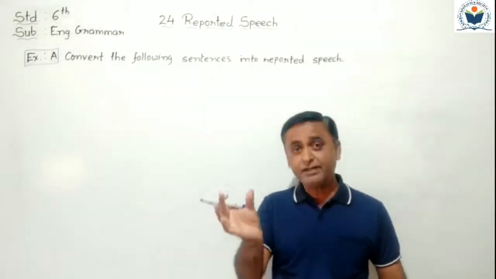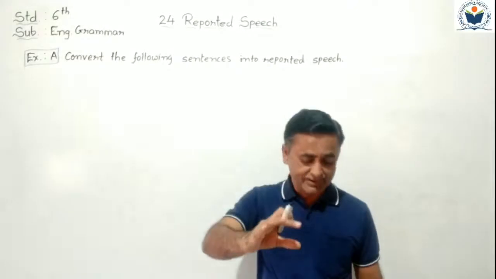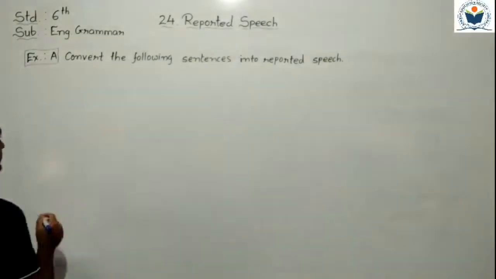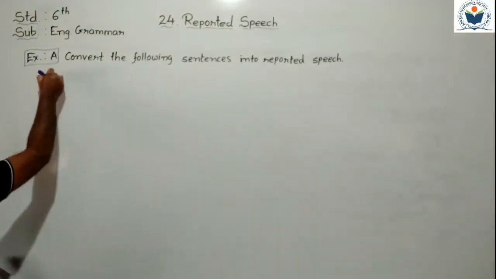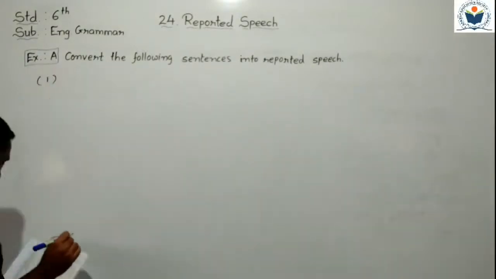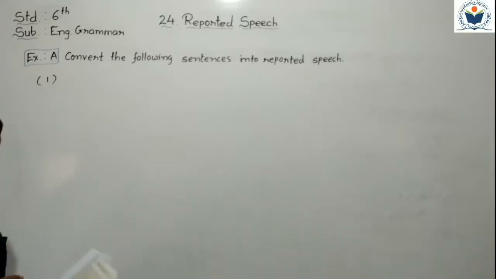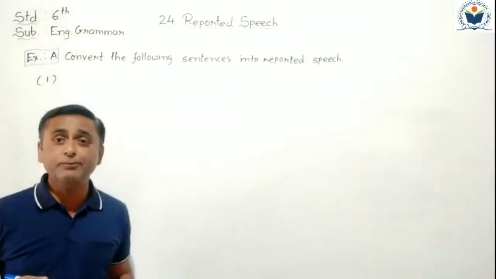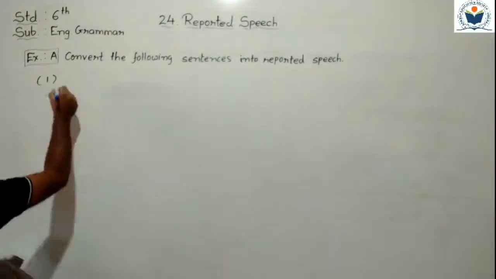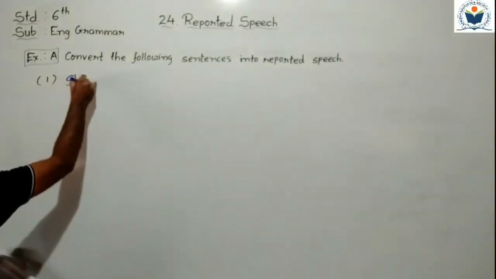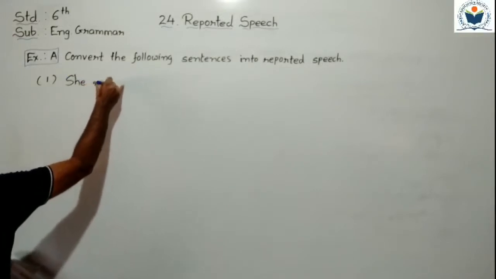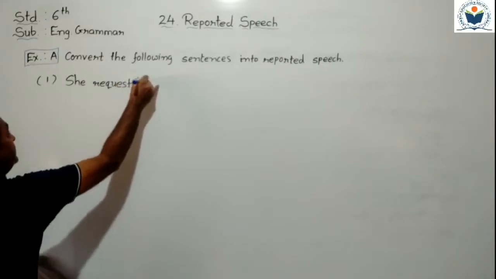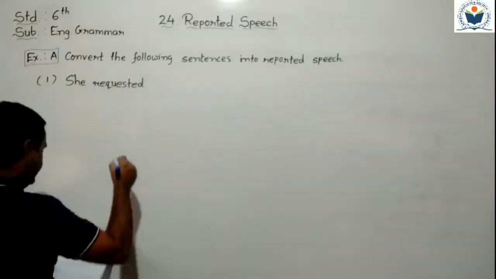First of all, we have to take the last part of the sentence to the front side. She told him. So she requested him here. We can use different types of reporting verbs according to the condition given here. So she requested him.